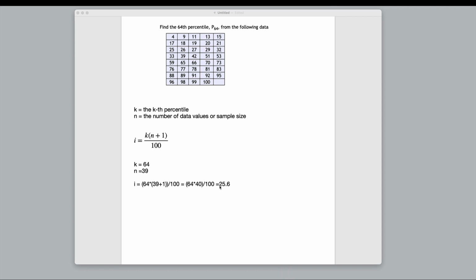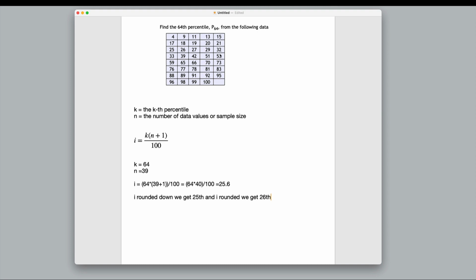When our value does not come out as a whole number, we round this number down and up. If I round it down, we get 25, and if I round it up, we get 26. So now let's count to the 25th and 26th positions. First, second, third, fourth, fifth, 6th, 7th, 8th, 9th, 10th.